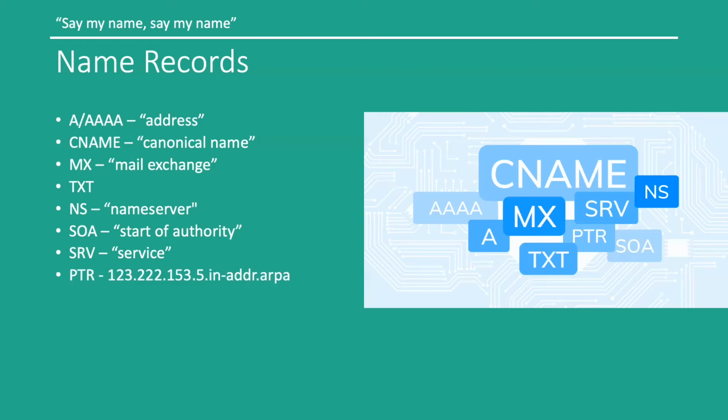And lastly, the other most common name record is a pointer name record. And these are used for reverse DNS lookups. So if you're ever given an IP address and you're like, I want to know what domain names are associated with this IP address, which are given in the format of 123.1.whatever.in-addr.arpa in reference to the ARPANET and the original form of networking.